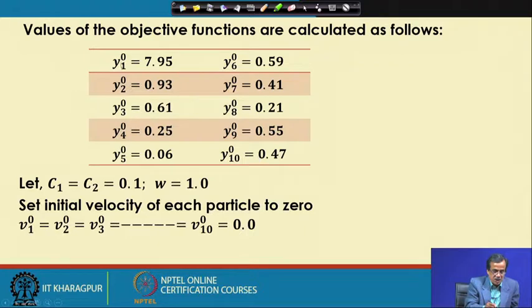Corresponding to y10, the value of the objective function is 7.95. Then y20 is 0.93, y30 is 0.61, y40 is 0.25, y50 is 0.06. Similarly, I can find the other y values.